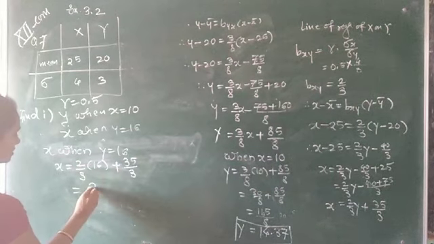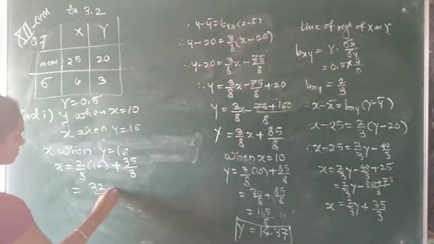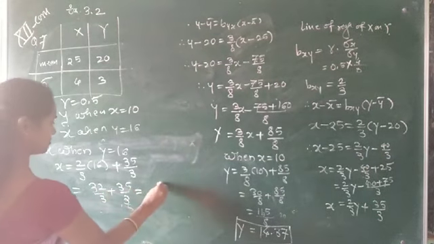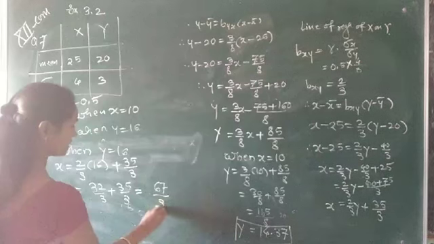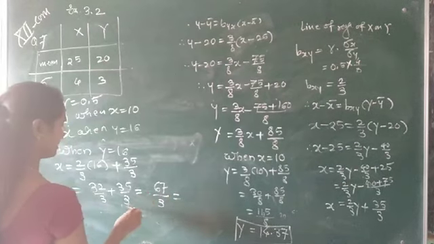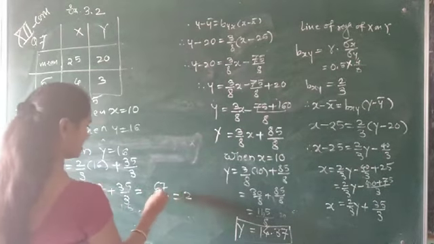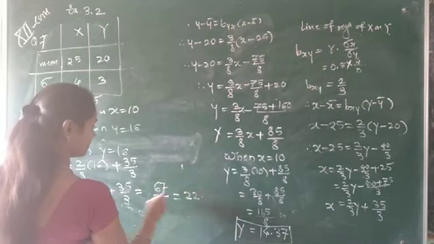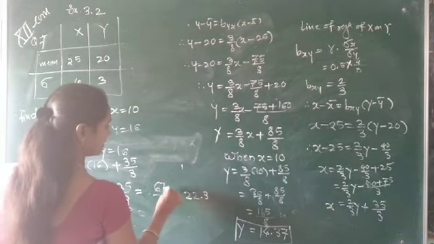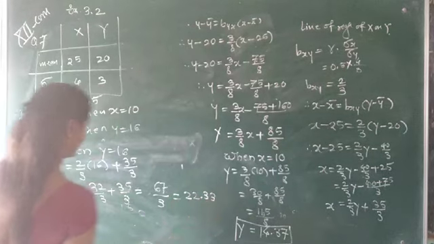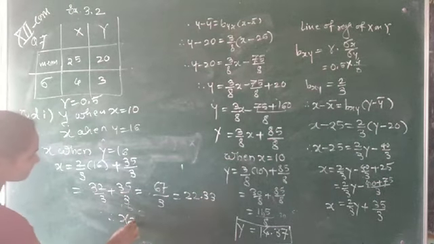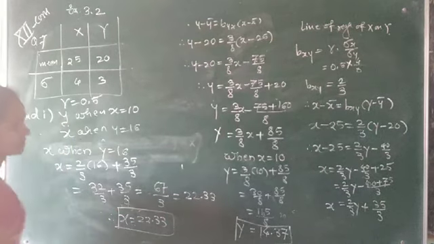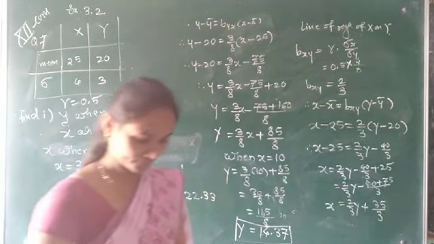So 2 16s are 32 upon 3 plus 35 upon 3, that is 67 upon 3. 3 2s are 6, again 3 2s are 6, now it is 1, 10, 3 3s are 9, that is 22.33. This is x and this is y.